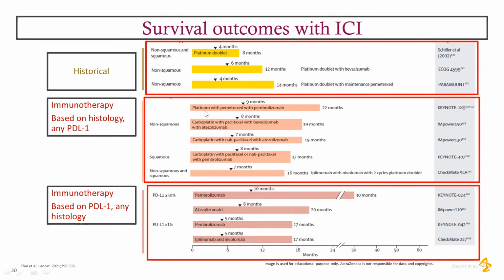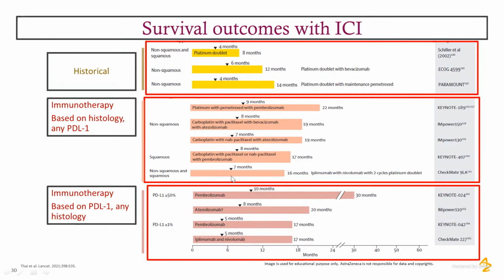Here, in non-squamous cell carcinoma, platinum with pemetrexed with pembrolizumab, we can see the overall survival 22 months. Carboplatin, paclitaxel, bevacizumab with atezolizumab, 19 months. Carboplatin with nab-paclitaxel with atezolizumab, 19 months. And in squamous cell carcinoma, carboplatin with paclitaxel or nab-paclitaxel with pembrolizumab, 17 months overall survival.